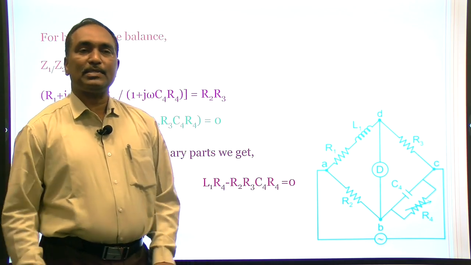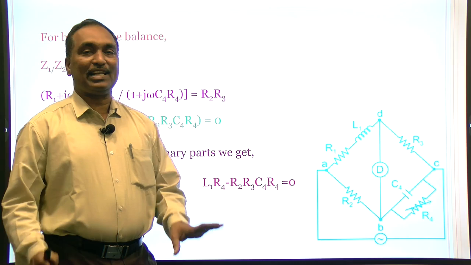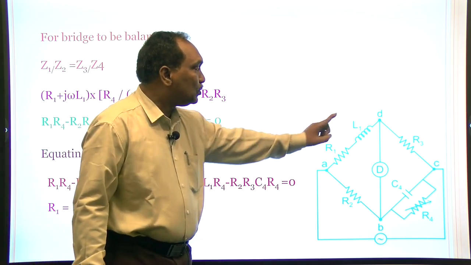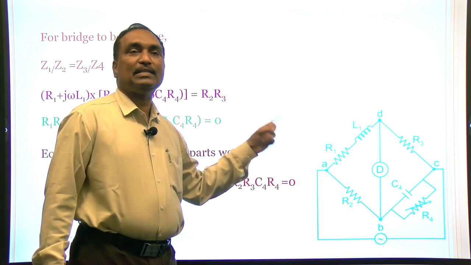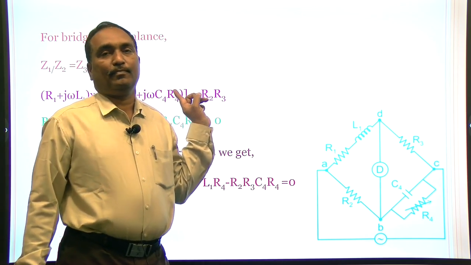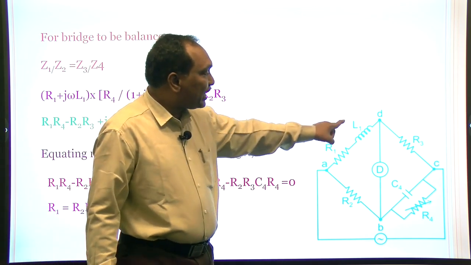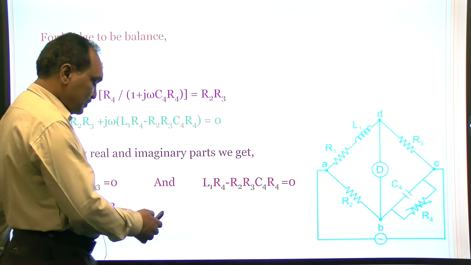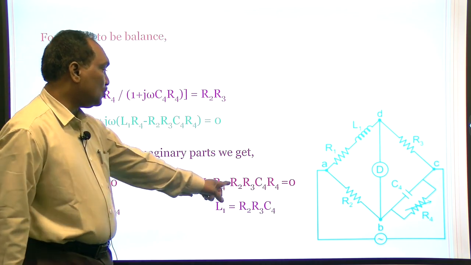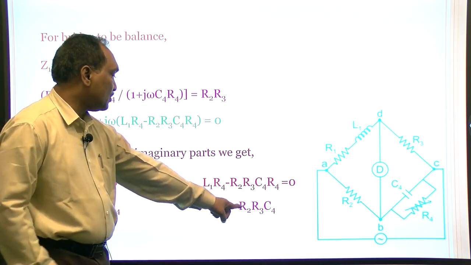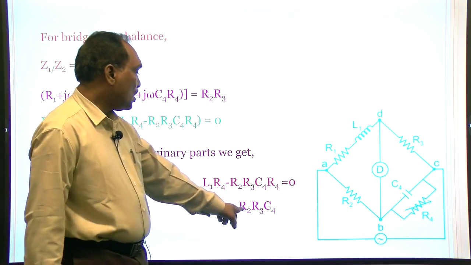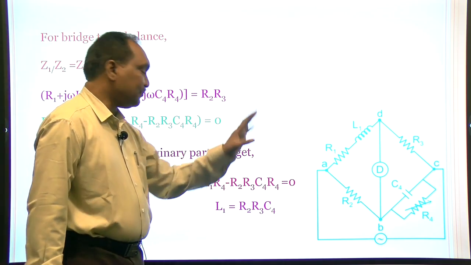Actually, the main purpose of this Maxwell bridge is to determine the inductance. Of course, if the inductance is a known value, R1 can be determined by using this Maxwell bridge. If you know the R1 value, we can determine the unknown inductance L1 by using this principle. L1 is equal to R2 R3 C4 R4 by R4, so R4 is cancelled. So, L1 is equal to R2 R3 C4.